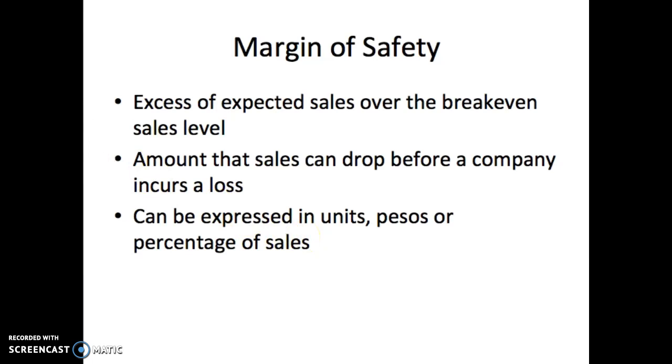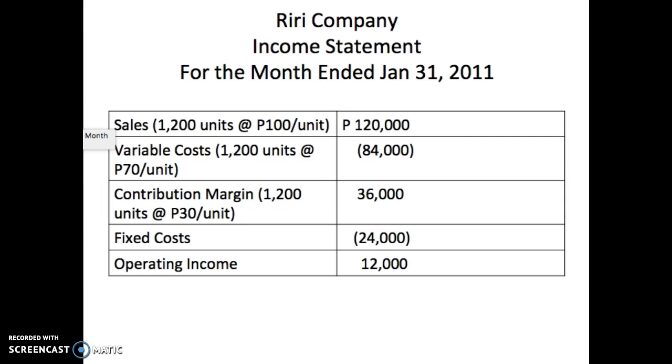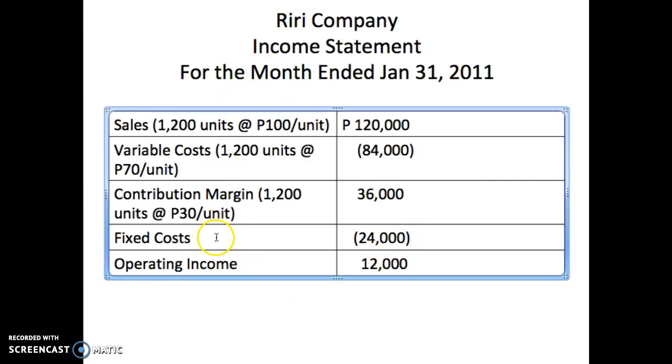So, for example, here, if we want to break even, we just need to cover 24,000. This is just an example. If we break even, we just want our fixed costs to be equal to our contribution margin so that we have 0 here.